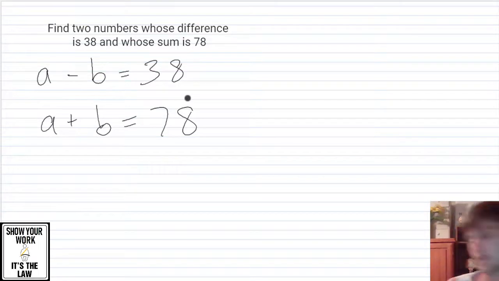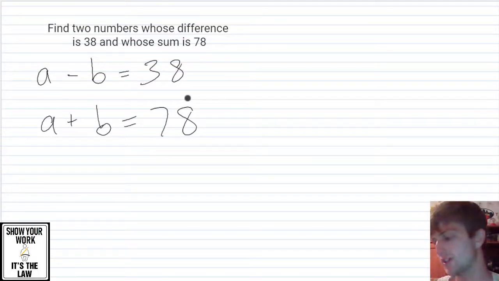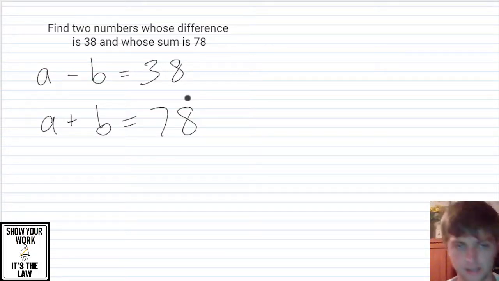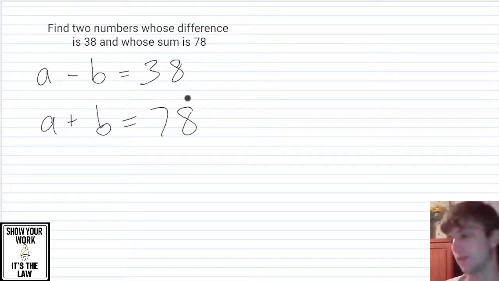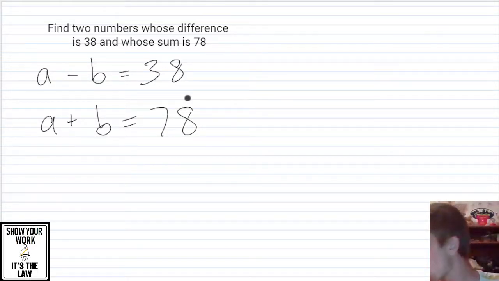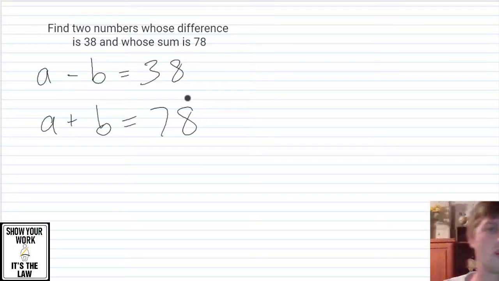I mean, there's strategies in these lessons that would make this problem quicker, and I actually see what they mean right now. But the point is, we don't need to use it because we can just do it the ways we already know how without complicating it with a layer. So what we want to do is get one of the variables by itself in one of the problems.